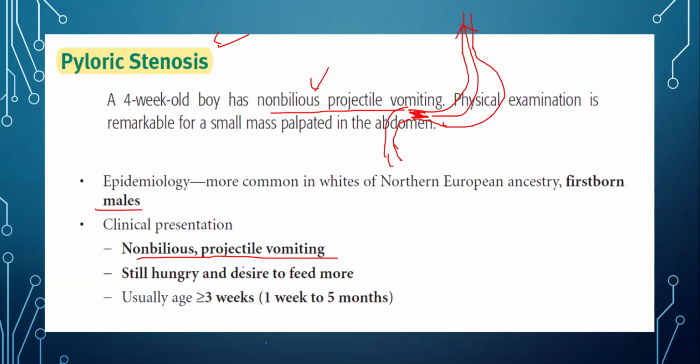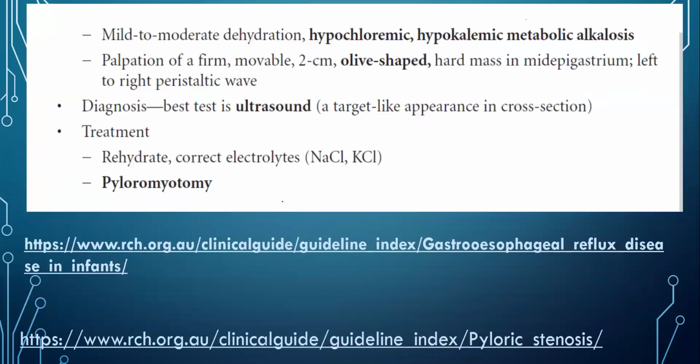So if a child is having non-bilious vomiting, which is forceful and projectile, and most importantly, if the child is not gaining enough weight. So the main criteria to diagnose pyloric stenosis is non-bilious projectile vomiting with the child not gaining weight. Okay?